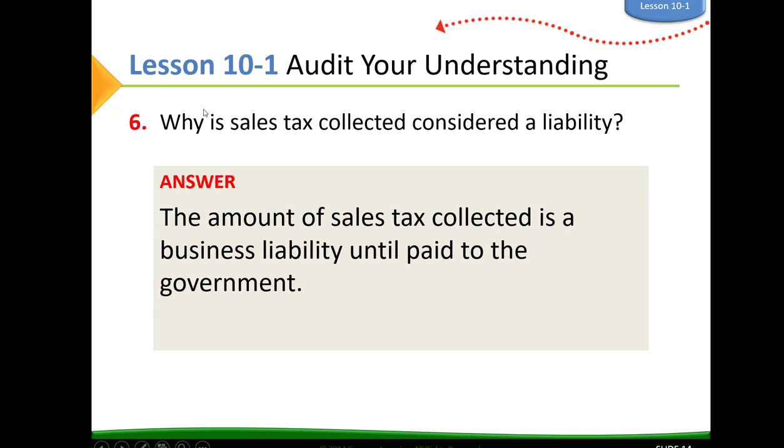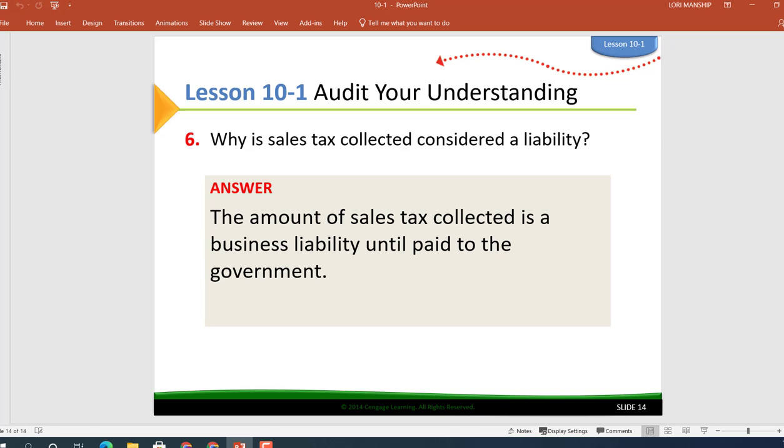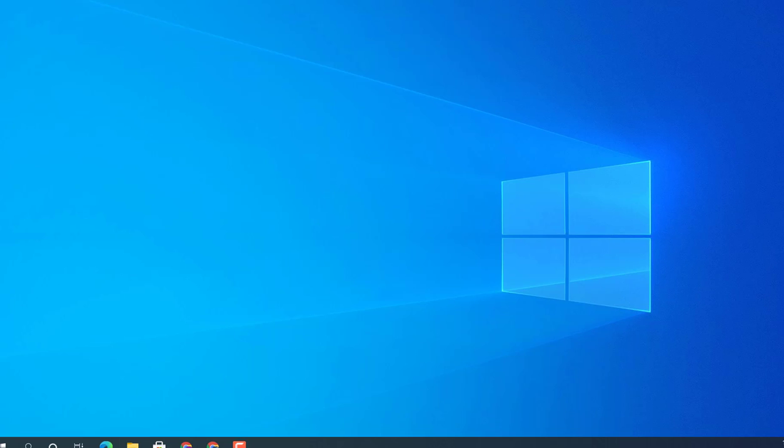So let's go ahead and look at an example problem. Let me open up y'all's assignment.